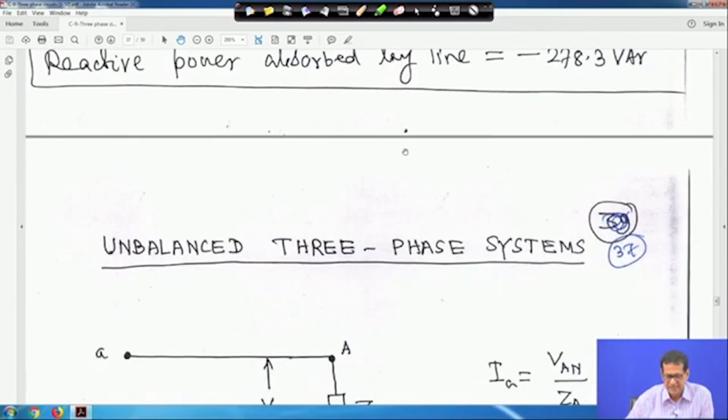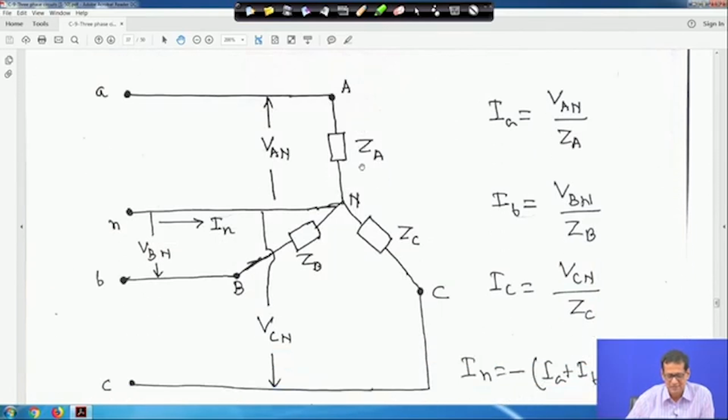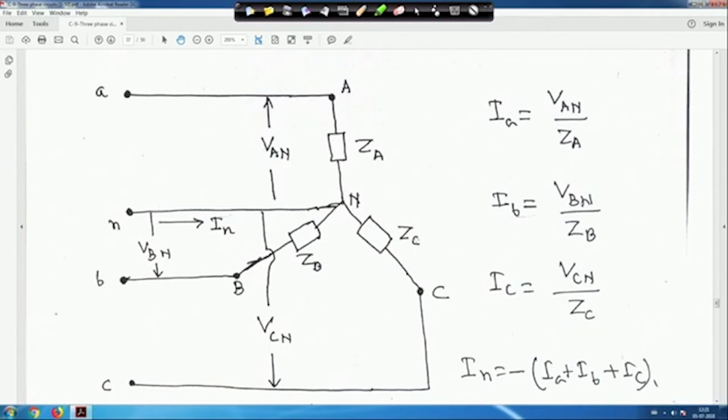Now, next is the unbalanced 3-phase system, just half a page I will tell you. Suppose this load is unbalanced, it can be anything, ZA, ZB, ZC, their magnitude may be different and angle may be different. Similarly, supply voltages VAB, BC, CA may all be different. If even one is slightly different, then it is an unbalanced system.